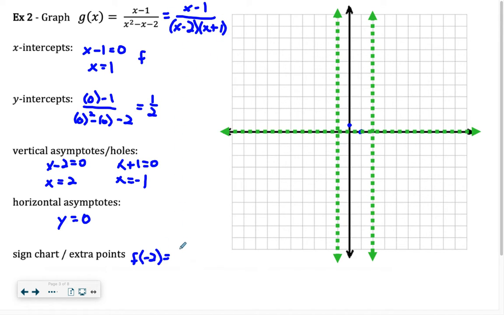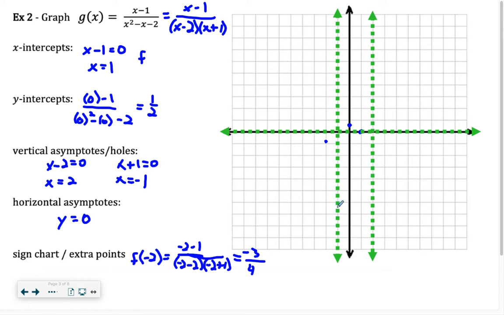So we'll have negative 2 minus 1 over negative 2 minus 2 times negative 2 plus 1. So that will be negative 3 over negative 4 times negative 1. So that would be negative 3/4. So the point (negative 2, negative 3/4) is going to be on the graph.